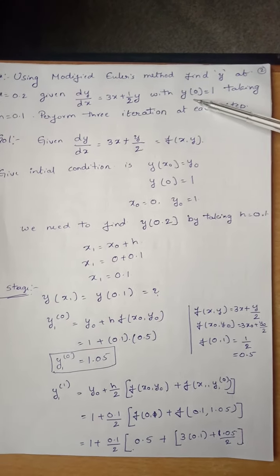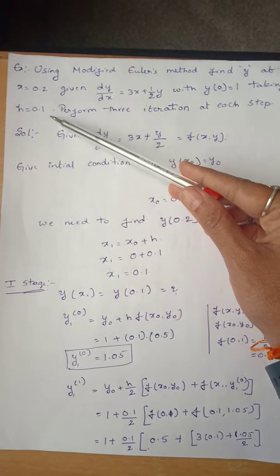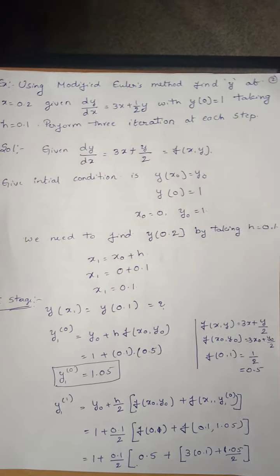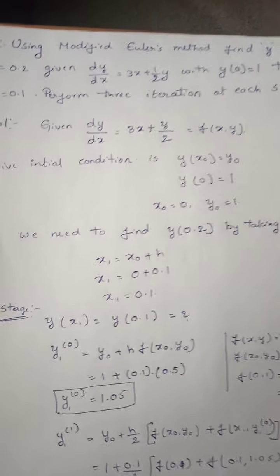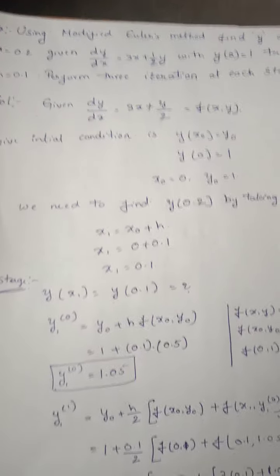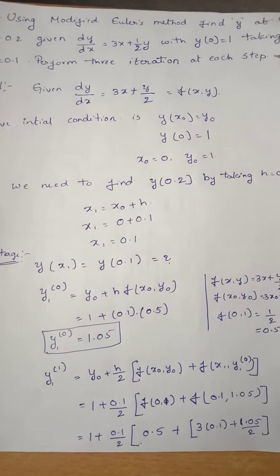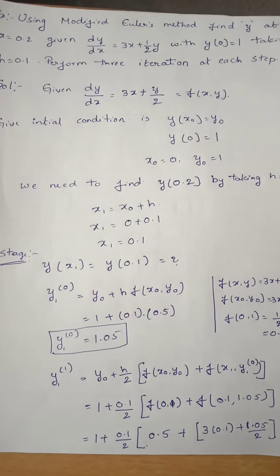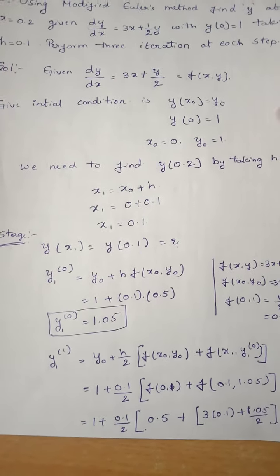This is the initial condition. Taking h equal to 0.1, so the h value is also given here. Perform 3 iterations at each step. They clearly mention 3 iterations in the problem, so you have to find y1 of 1, y1 of 2, y1 of 3. So you have to find the 3 values.